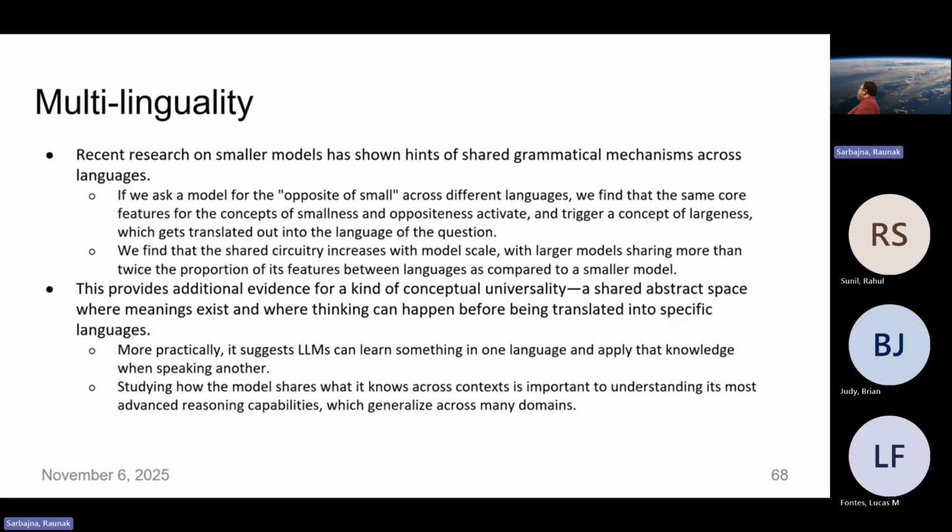One of the things scientists have discovered about modern large language models is that if the model is truly multilingual, whatever it learns in one language, it applies that knowledge while speaking a different language. And it doesn't just have to be language, it can be any other domain as well.